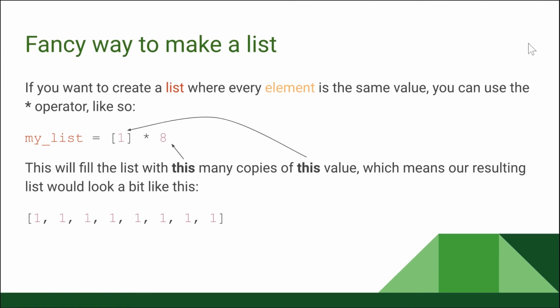If we want to make a list where every element has the same value, we can use the multiplying or asterisk operator like this. It works very similarly to when we multiply a string by an integer.